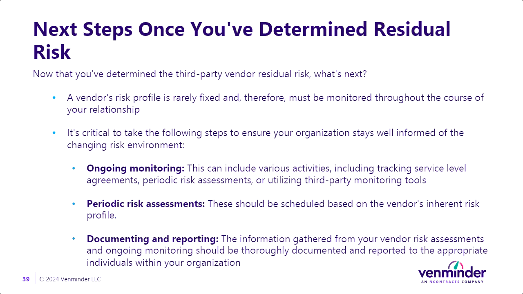That periodic risk assessment that I mentioned should be scheduled based on that inherent risk profile, not the residual risk profile. And then you certainly want to document and report on all of your information and data that you've gathered on that vendor and their risk profile throughout the life of the relationship. That's going to be a necessary step in your upcoming audits and evaluations.